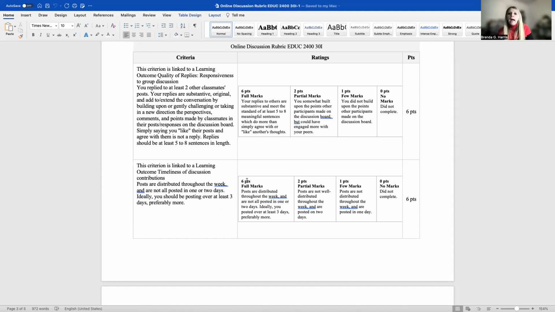Then you go back to the materials, and now you have what you posted yourself, plus maybe you already saw somebody else's post, and you're going back to the materials in a deeper way. So you are ready to come back maybe in another 24, 48 hours and post again and reply to somebody, extend that conversation.